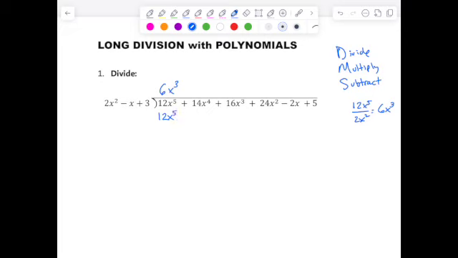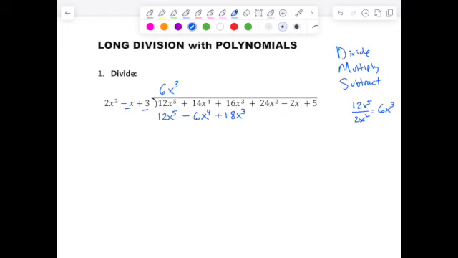And if you've done that first step correctly, those two should be exactly the same. But now 6x cubed times negative x, that will be negative 6x to the 4th. And then finally 6x cubed times positive 3, that will be 18x cubed.